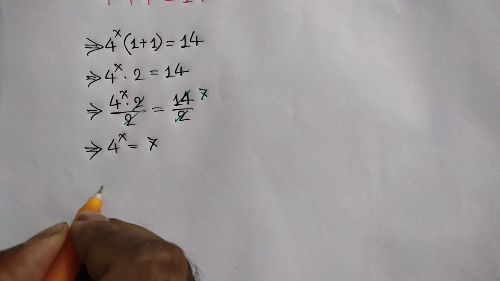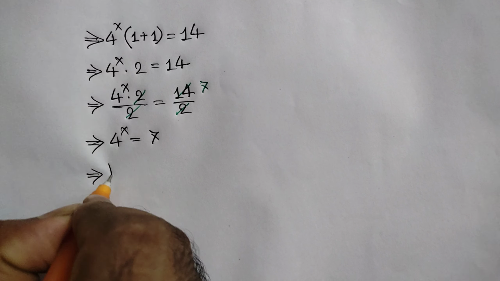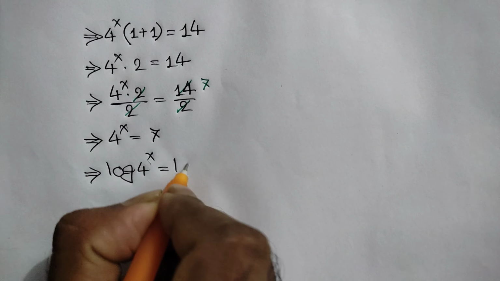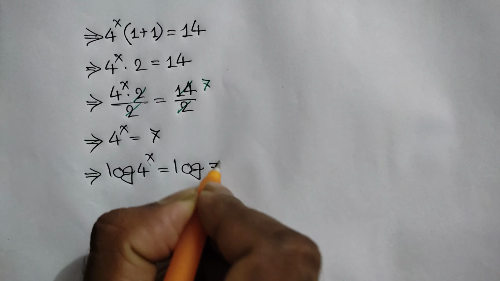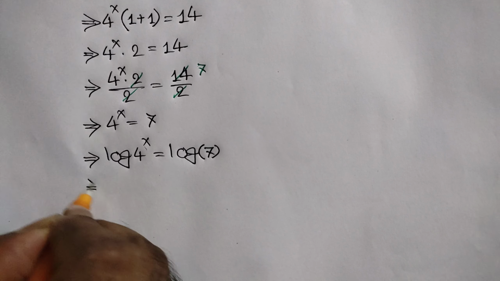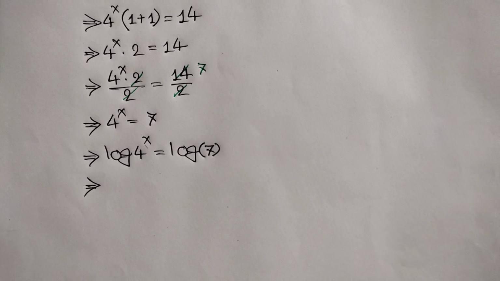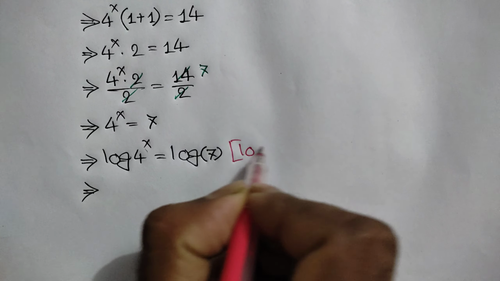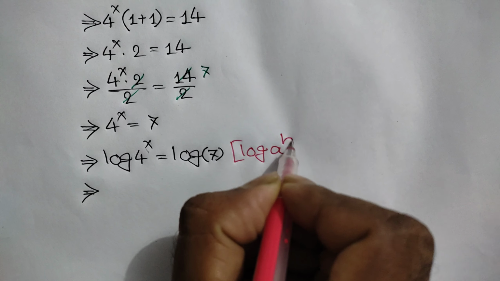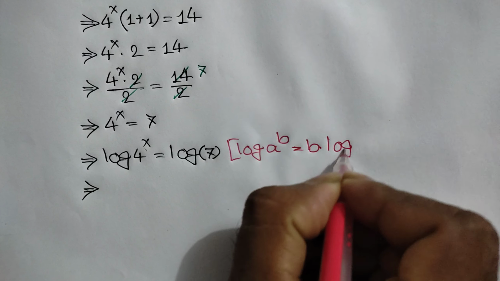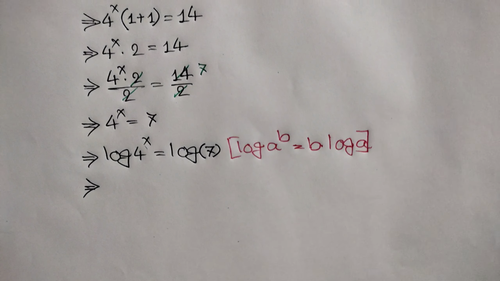Now taking log on both sides, we can write log of 4 to the power x is equal to log of 7. Here we use a logarithm formula. We know that log of a to the power b is equal to b times log of a. Now apply this formula.